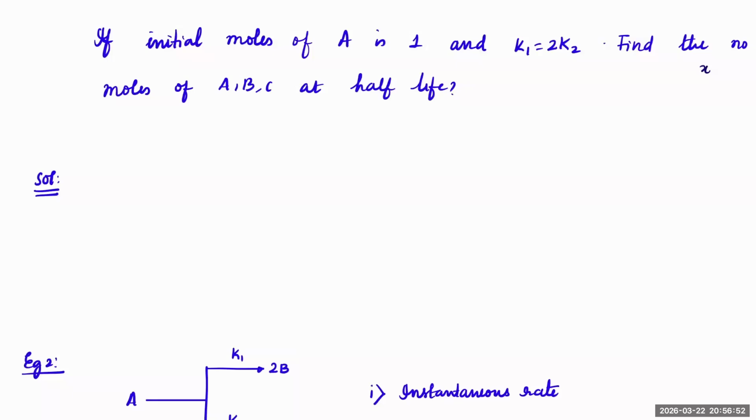We know that the number of moles of B by the number of moles of C, which will be the same as the concentration of B and concentration of C, will be equal to K1 by K2, which in this case is 2. Okay, this is one thing we know, correct?